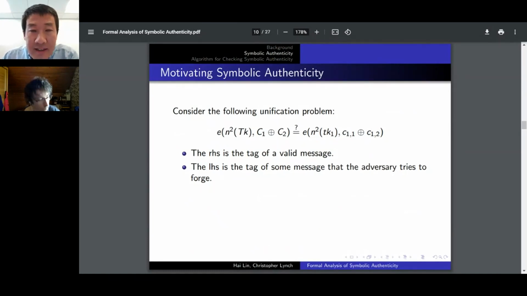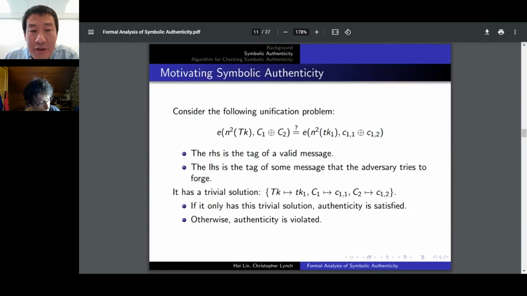Of course, this unification problem has a trivial solution. So what this trivial solution says is that if the adversary doesn't modify anything, then of course this unification problem is trivially solved. But that doesn't correspond to a new message.